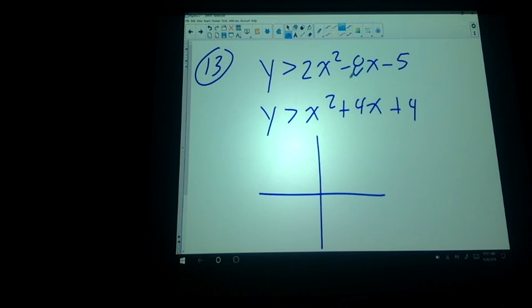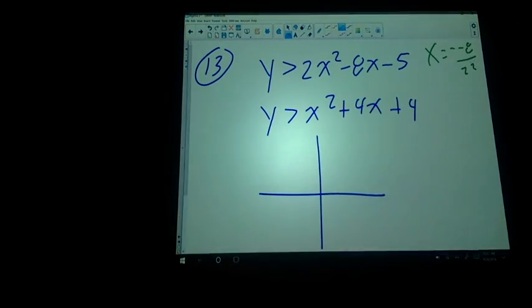All right. So the top one, I have negative b. So negative negative 8. x equals negative negative 8 over 2 times negative 2. Oh, this is a negative? Thank you. So that's over negative 4. Negative times negative over negative has got to be a negative answer. And then I get 8 over 4, which is 2.